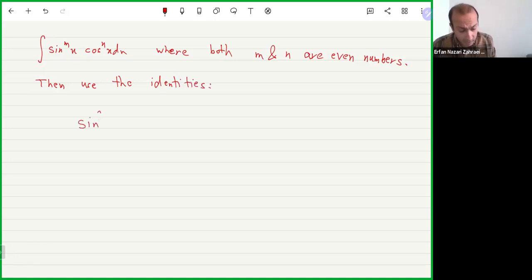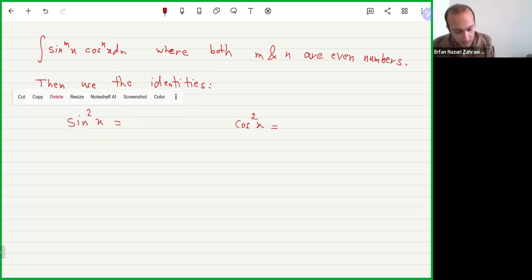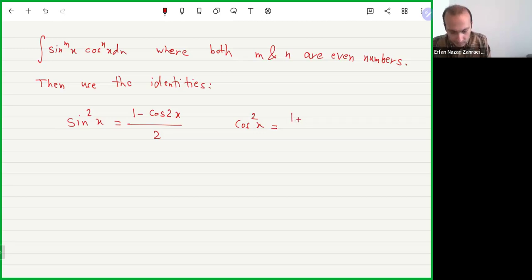I have even number of sine, also even number of cosine. So I want identities about sine squared and cos squared. Sine squared is 1 minus cos 2x over 2, and cos squared is 1 plus cos 2x over 2.